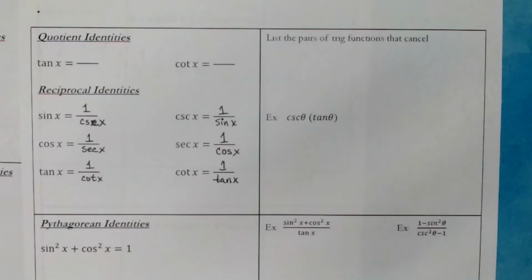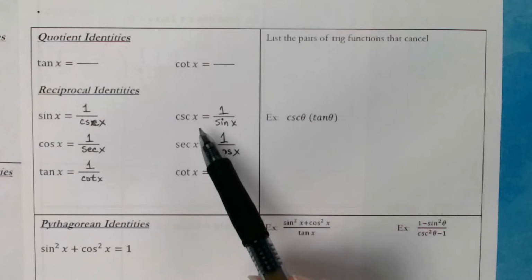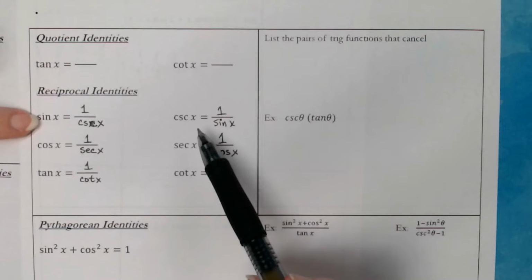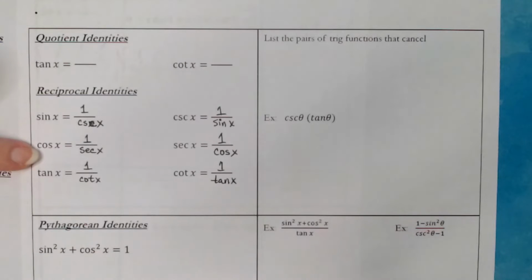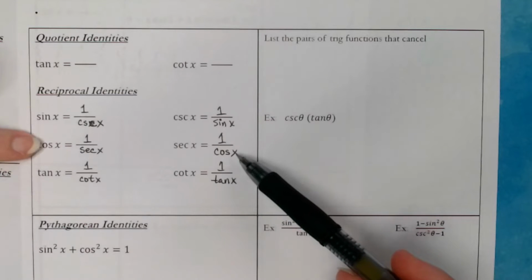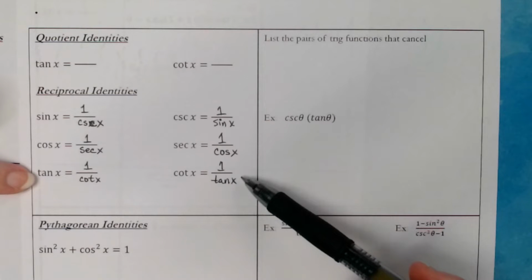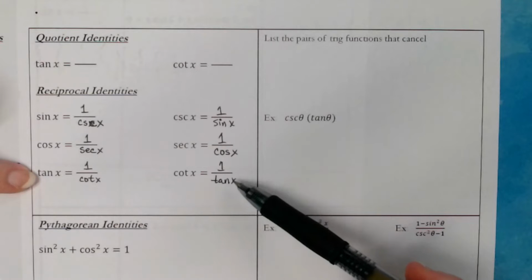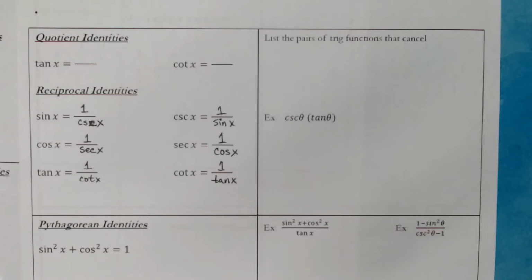So if I flip sine, I get cosecant, but if I flip cosecant, I get sine. If I flip cosine, I get secant. If I flip secant, I get cosine. If I flip tangent, I get cotangent, and if I flip cotangent, I get tangent. Awesome. Okay, so now we're going to go back to our quotient identities.